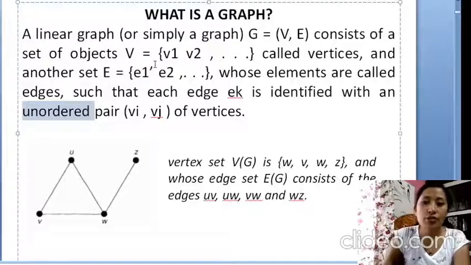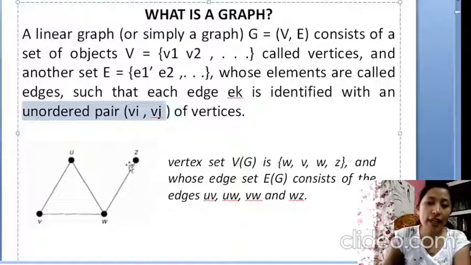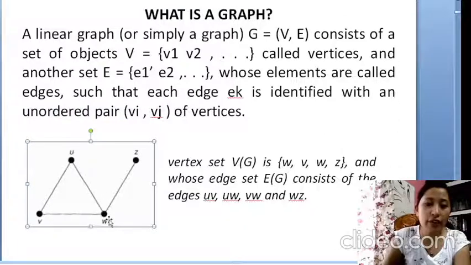So a graph will have two sets: one is the vertex set, the other one is the set of edges. Each edge is nothing but an unordered pair of two end vertices. That is, an edge is defined by its two end vertices.